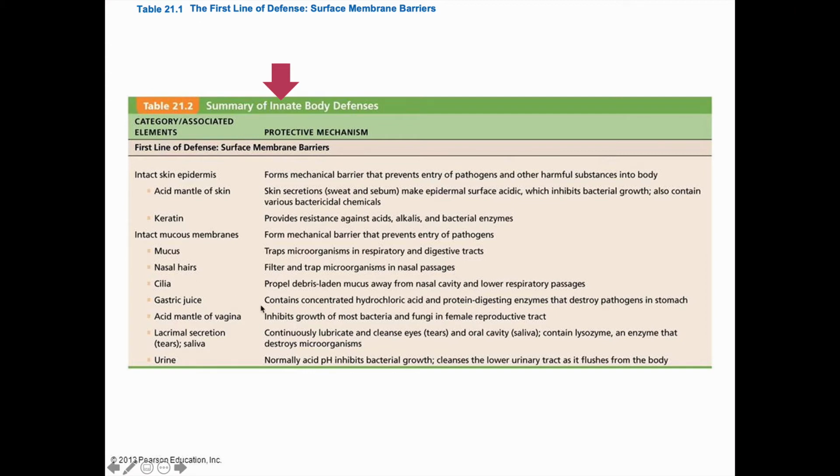Then gastric juice kills bacteria, and there is an acidic environment in the vaginal cavity. Then lacrimal secretions in the eye wash out the bacteria and dust. Then the urine naturally excretes metabolic waste.